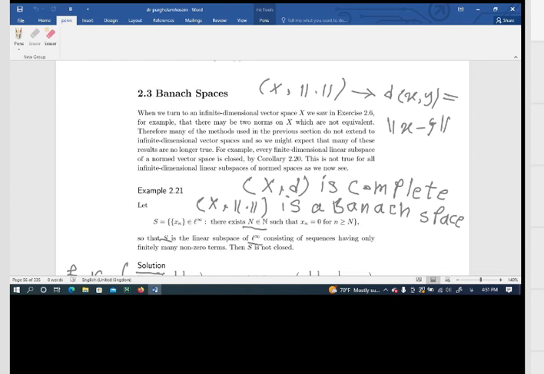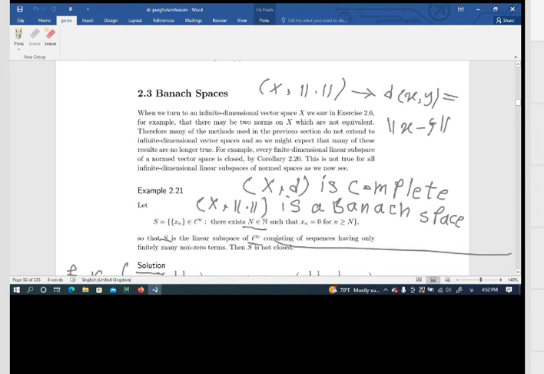When the metric introduced by the norm is complete, we say that the normed space X is Banach. So a Banach space means the norm on X is complete. I write it here: X with a norm is a Banach space when (X, d) is complete.